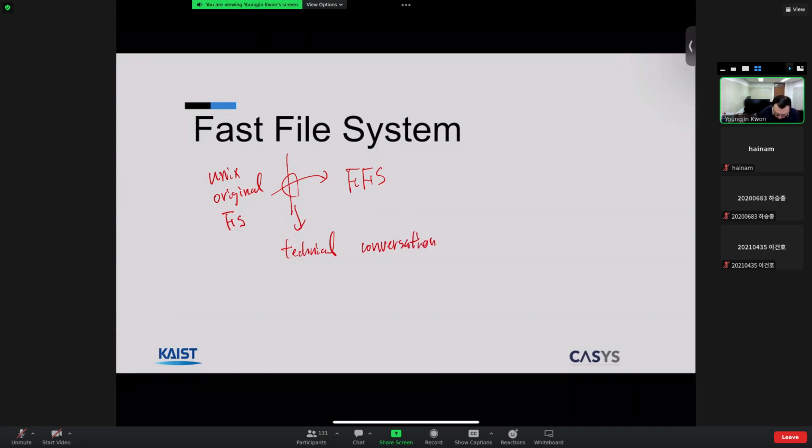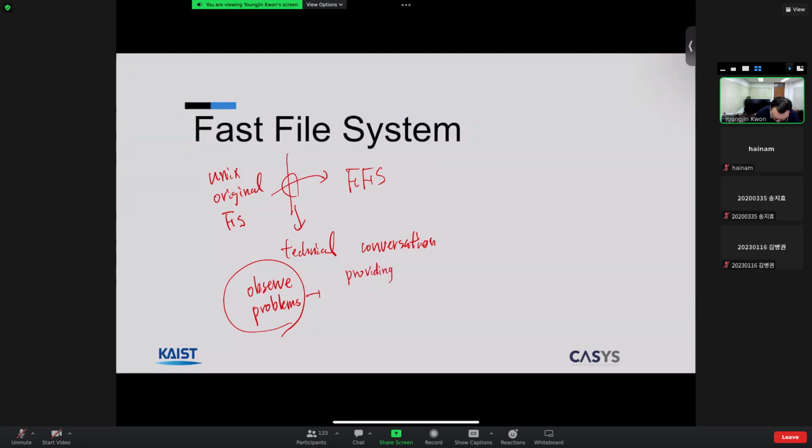You have to observe problems. Then you have to provide evidence.